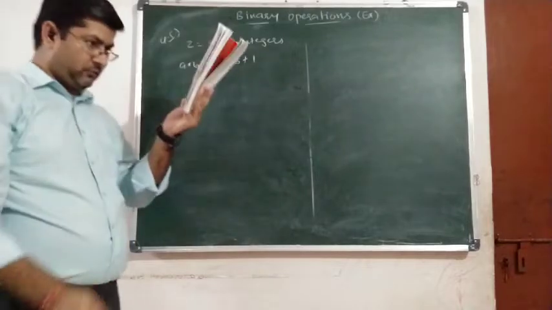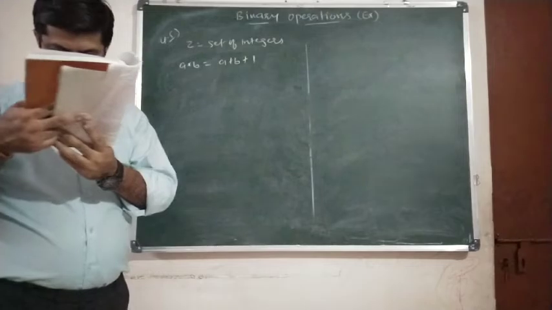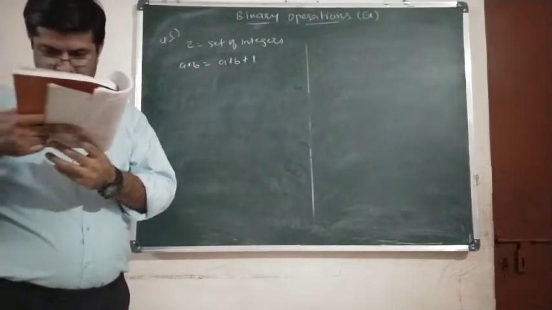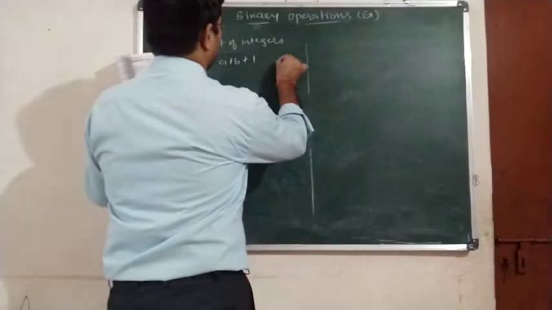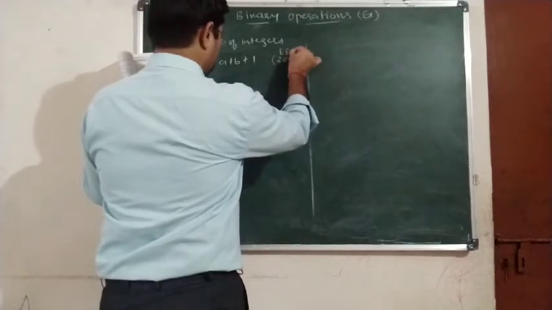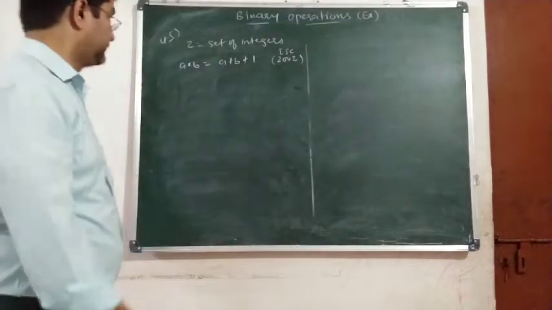We have to show that the associative property holds, find the identity element, and also show that the inverse is minus A minus 2. This is a 2002 ISC board question. It was asked in 2002.